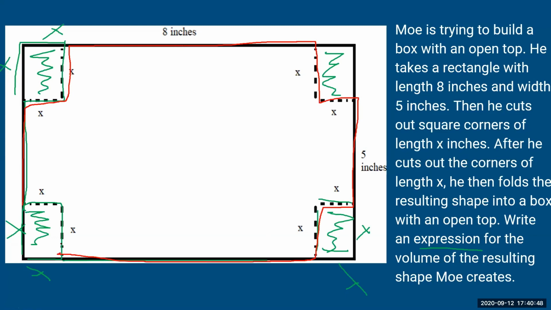Okay, maybe this problem is pretty simple actually. So then he folds up the resulting shape. So he folds these parts up and creates a box with the open top. So there's like no lid on it, basically. There's no top. So write an expression for the volume of the shape that results. And you don't have to simplify the expression.